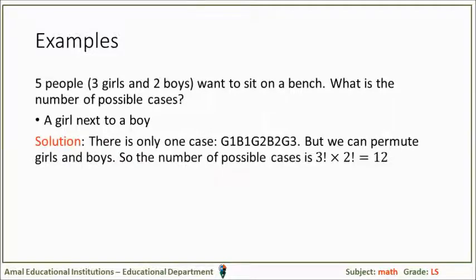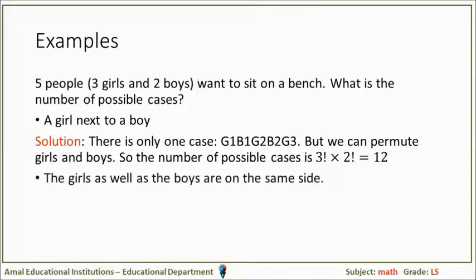We place a girl, then a boy, then a girl, then a boy, and at last the third girl. But we can change the places of the girls and the boys. So the number of possible cases is 3 factorial for the permutation of the girls times 2 factorial, which is the permutation of the boys, which is 6 times 2 equal to 12.